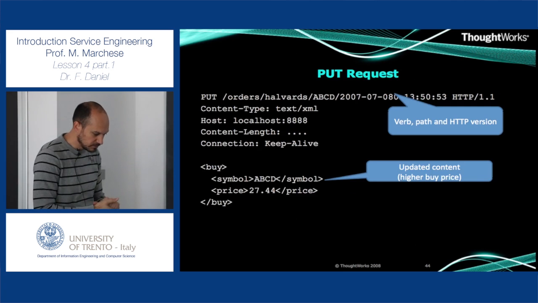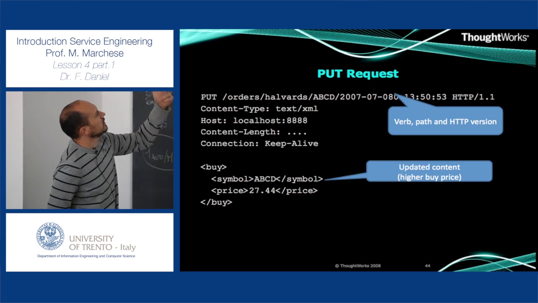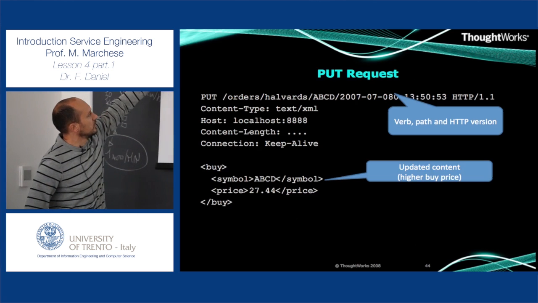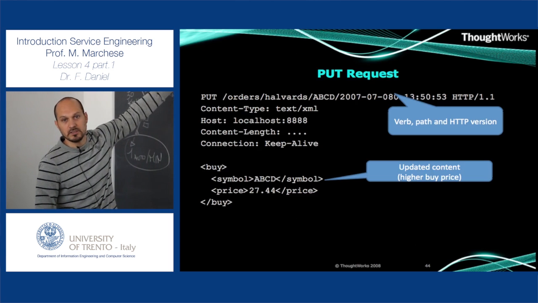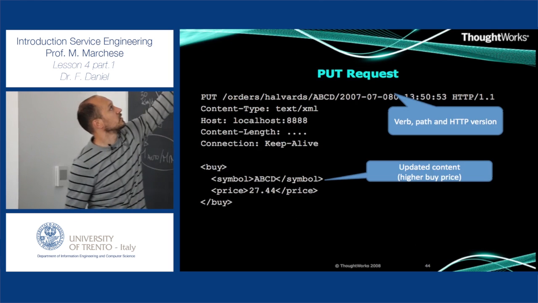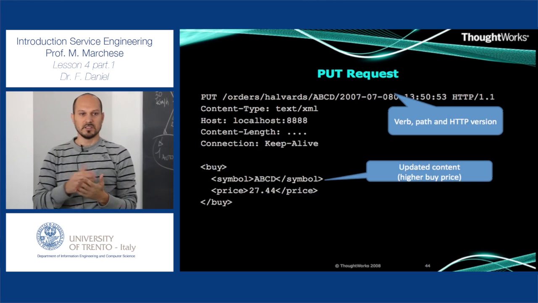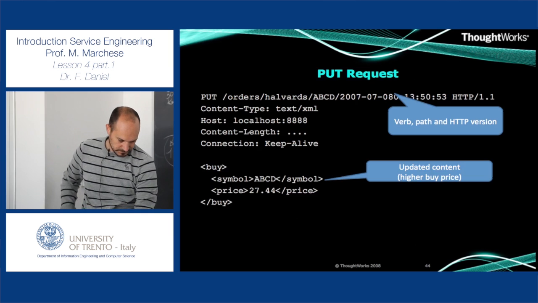Here we have an example, but the example afterwards is better. But anyway, we have here a put with a new body, a new piece of XML, and this is going to overwrite the XML of the resource that is already located at the URL on top. So whatever is there is going to be overwritten by this put message.